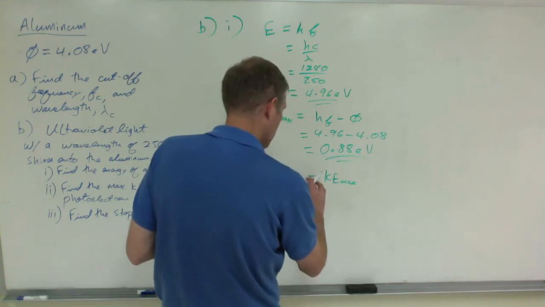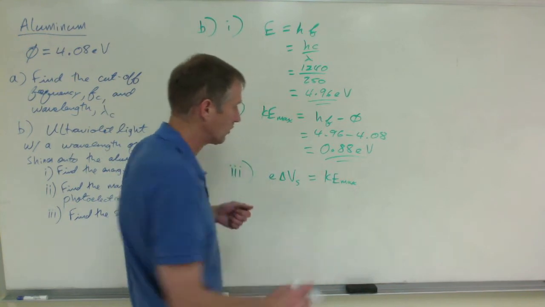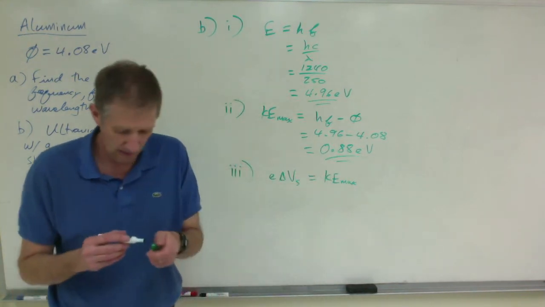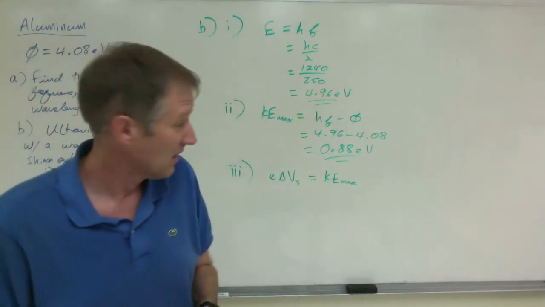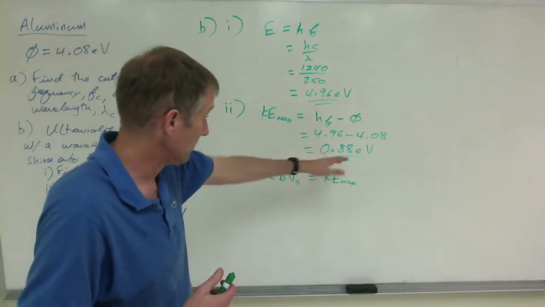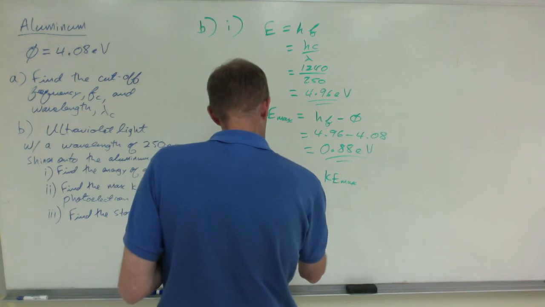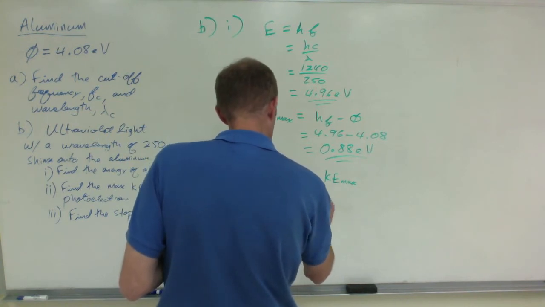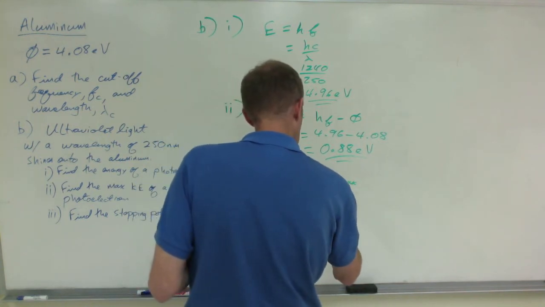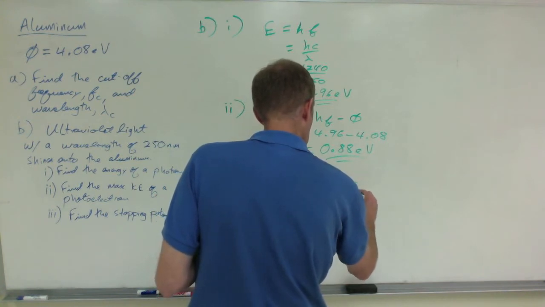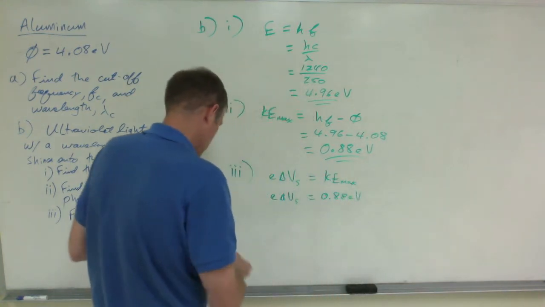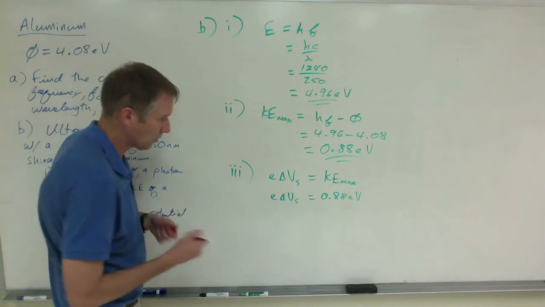So it's repelling those photoelectrons that have the greatest energy of all, and those are the ones with 0.88 electron volts. Remember, you have ones that have less energy than that. That's the maximum. Now, that's going to be e delta V equals 0.88 electron volts. As long as you're in electron volts, I just love the way this works out.